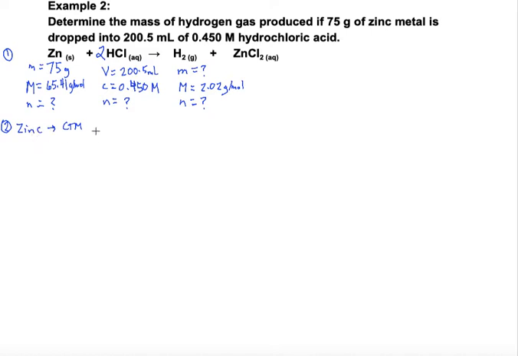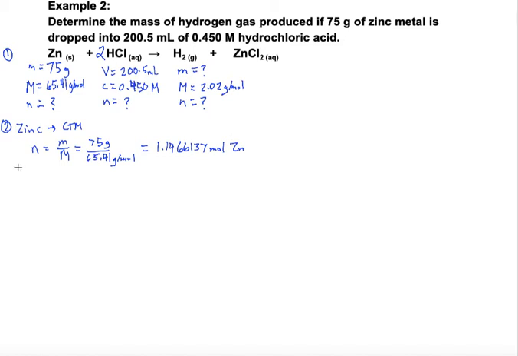So moles of zinc, n equals m divided by capital M. So 75 grams divided by 65.41 grams per mole, and that is going to equal 1.1466137 moles, right? So that's our moles of zinc.